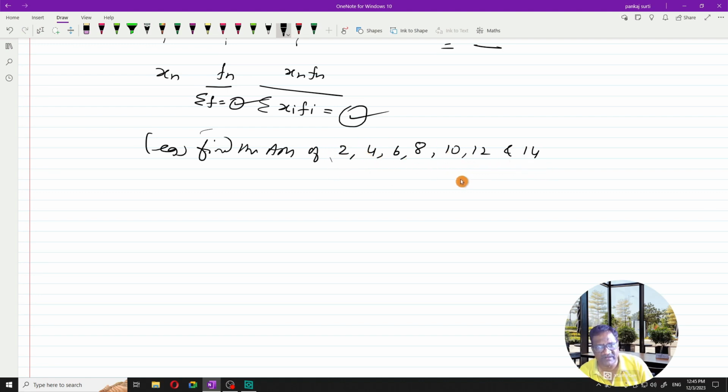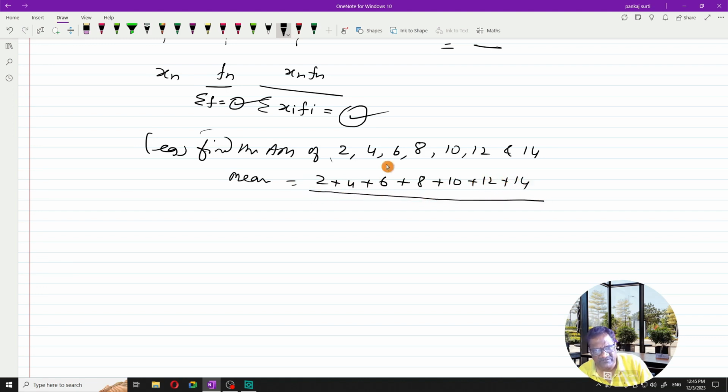So if you want to find out the mean of this, mean will be equal to, we'll just add them up. So 2 plus 4 plus 6 plus 8 plus 10 plus 12 plus 14, because there was no repetition of any data. You just add them up, divided by 7.